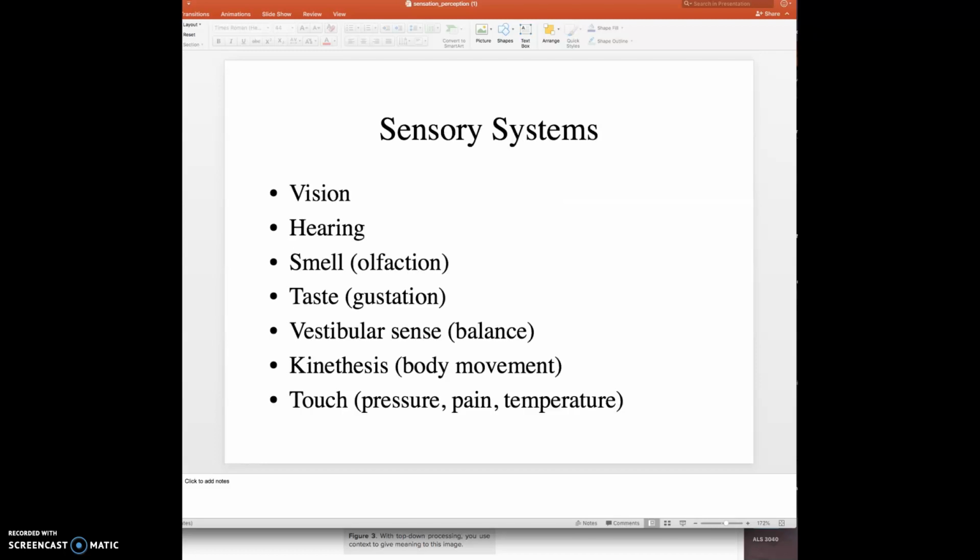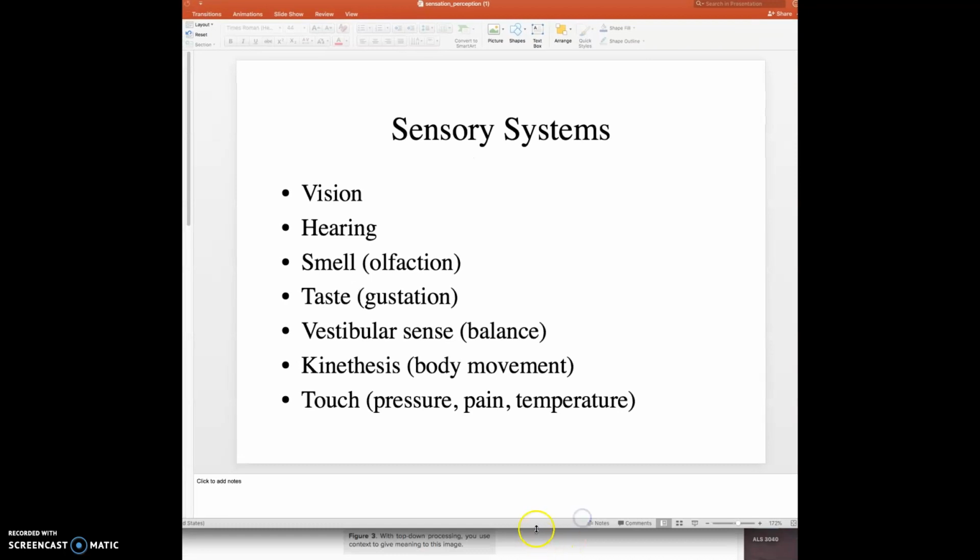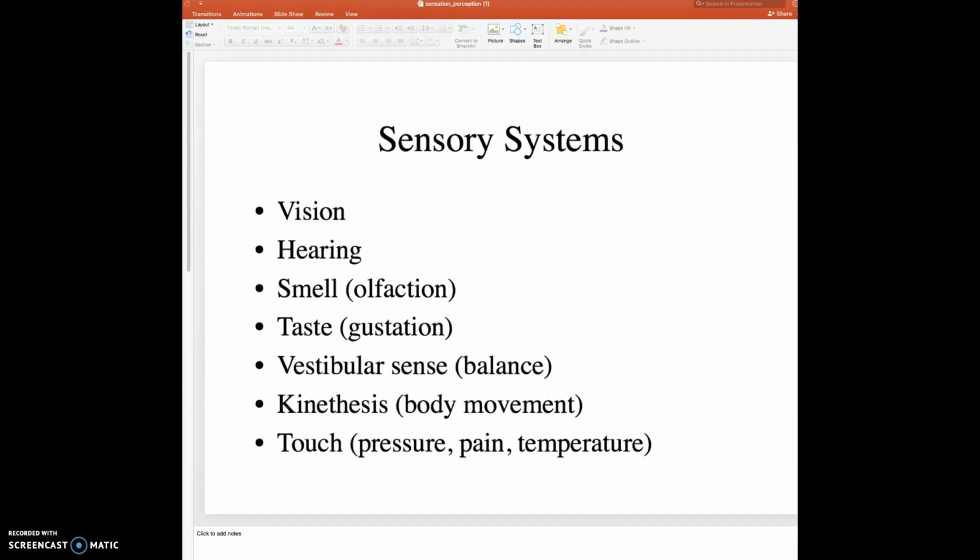Now, examples of our sensory systems are vision and hearing and taste, smell. You know how when you walk into a bakery, the first thing you can smell is that aroma of freshly baked goods. So that's your senses. That's what you're perceiving. You're sensing something.